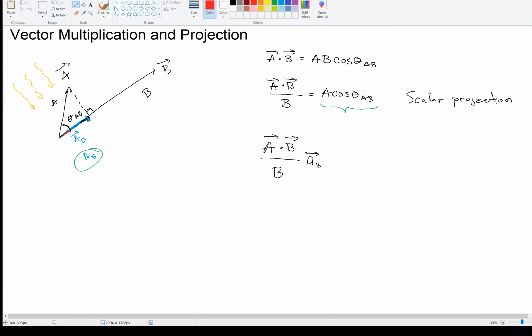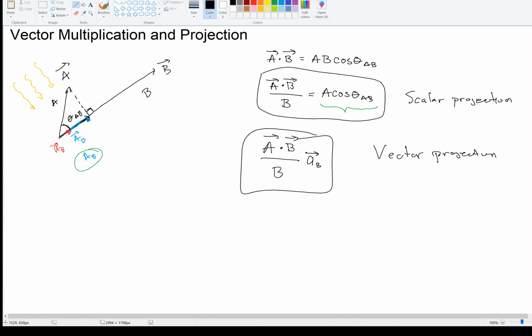Maybe that's this guy, a sub B. Remember, the lowercase a always means a unit vector. So this is a unit vector that points in direction B. Now just to make some simplification, this would be the vector projection. This was the scalar projection. This is a vector projection here.